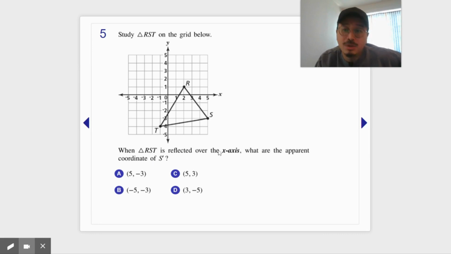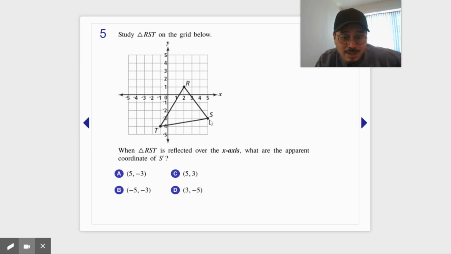So here's a little test taking tip. If you see this, don't start looking at the reflection and then start graphing immediately. First of all, they're not asking you to graph. Second, they only wanted a point, so there's no need to do R and T. Just look at point S and ask, where would S prime be if I reflect over the axis?